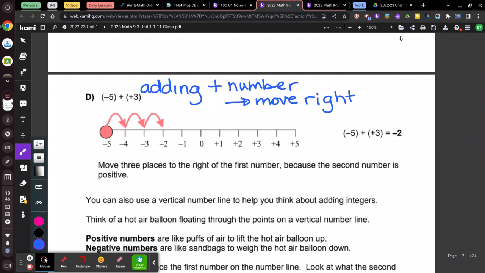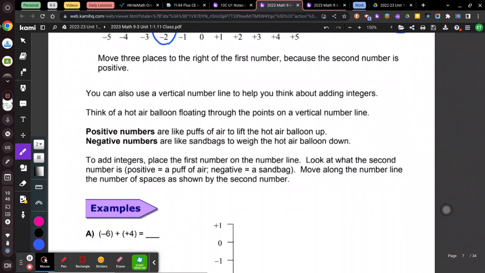All right, so I locate my first number. My first number is located. Now I'm going to add 3 steps. So I'm going to go 3 steps to the right. 1, 2, 3. Excellent. I end up at -2. Okay, and when we're comparing negative numbers, the one who's closer to 0 is always the bigger one.